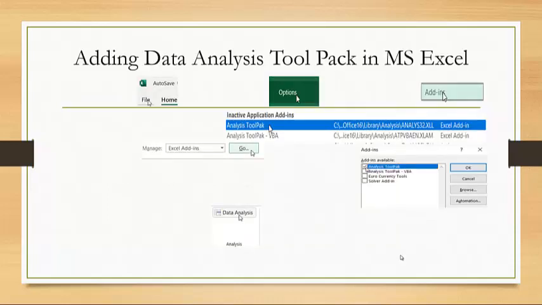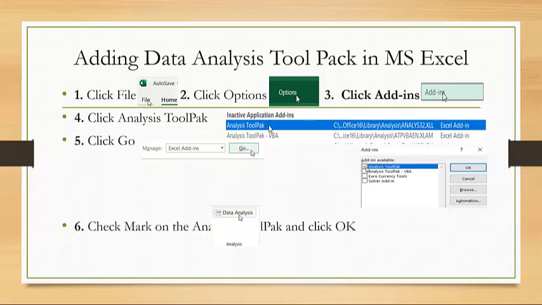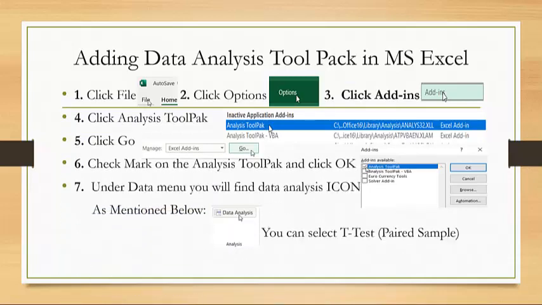Now, when we need to apply a test, especially paired sample t-test using Microsoft Excel, we need to install Analysis ToolPak first in our Excel. So these are the steps I have mentioned.